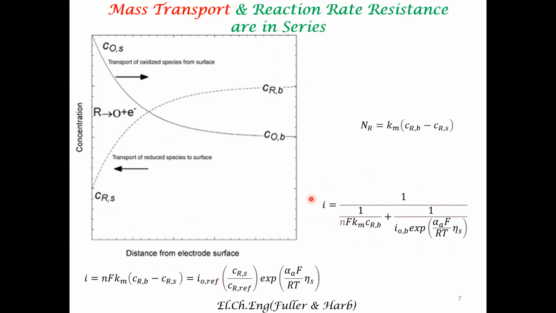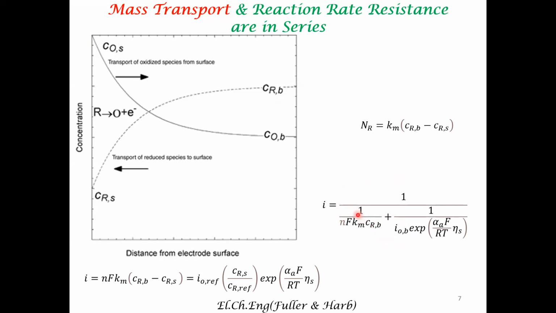Let us pause for a moment and look at the form of this expression. Typically, all expressions on flux are correlated to resistances. So here, what are the two resistances?